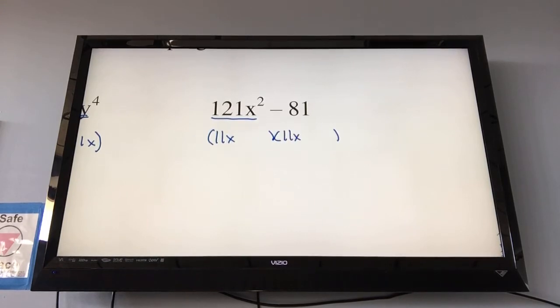They have exactly the same factors. 81, 9 times 9. 1 gets a plus, 1 gets a minus. Difference of squares, always same firsts, always same lasts. 1's a plus, 1's a minus, and it doesn't matter which sign you put first.